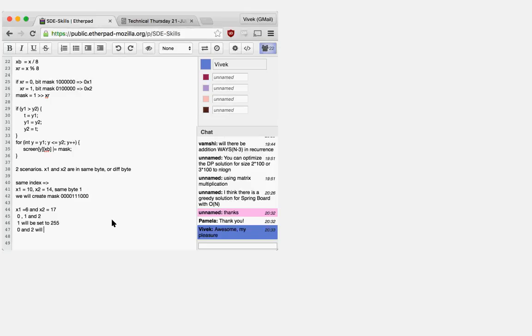So we have to find out the starting bit position. It's going to be just ORing all of the bits that need to be turned on. How do you detect what bits need to be turned on?